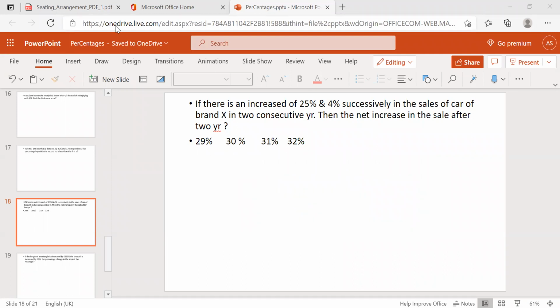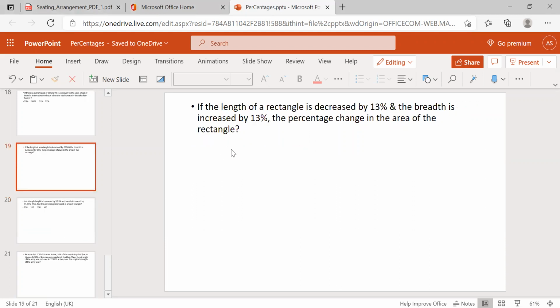Then come to the next one. The length of the rectangle is decreased by 13%. Okay. And the breadth is increased by 13%. The percentage change in the area of the rectangle. So here also they are asking percentage change. How much percentage is decreased in the length?